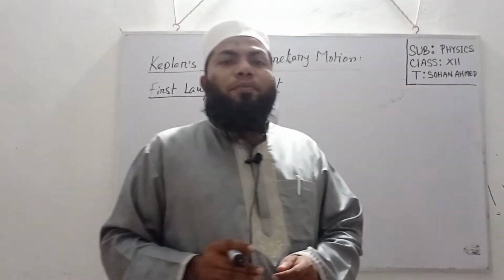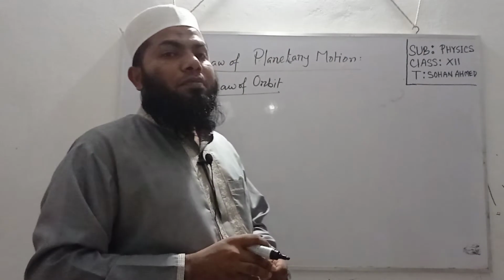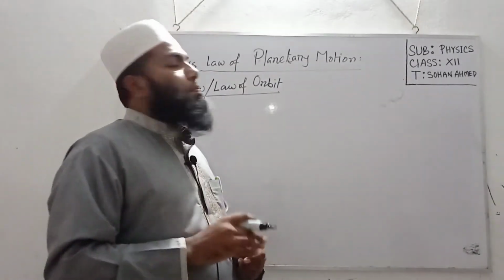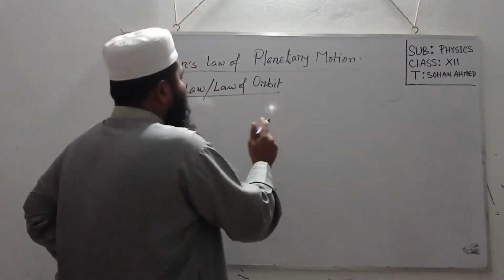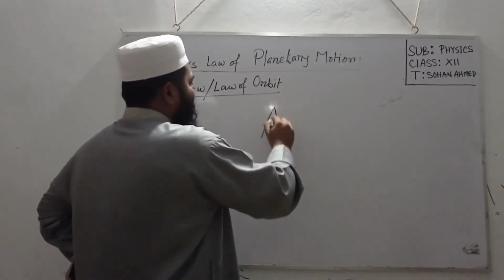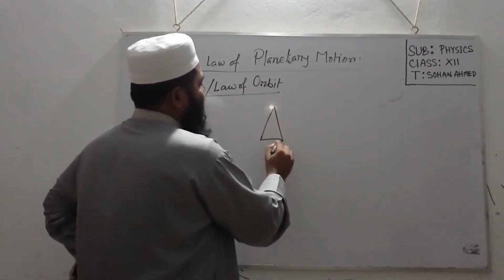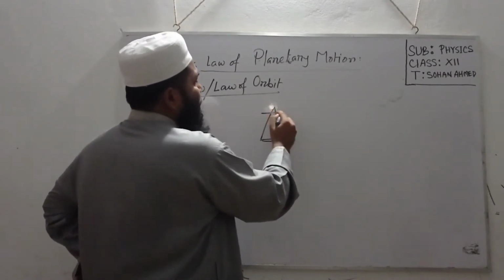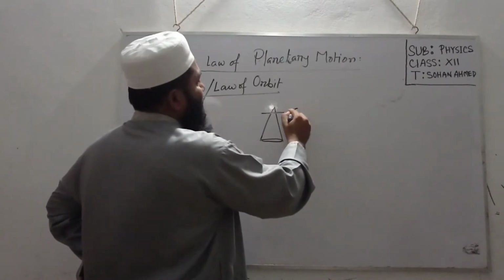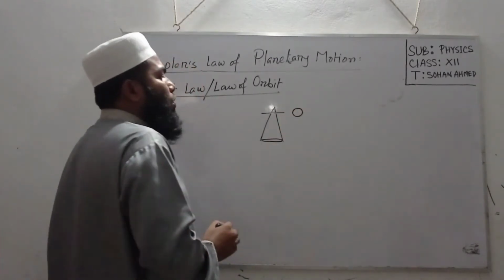all planets move around the Sun in an elliptical orbit. Elliptical orbit, dear students: suppose this is a cone-like structure. When you cut this cone in this way, you will get this structure. This is a circular structure.